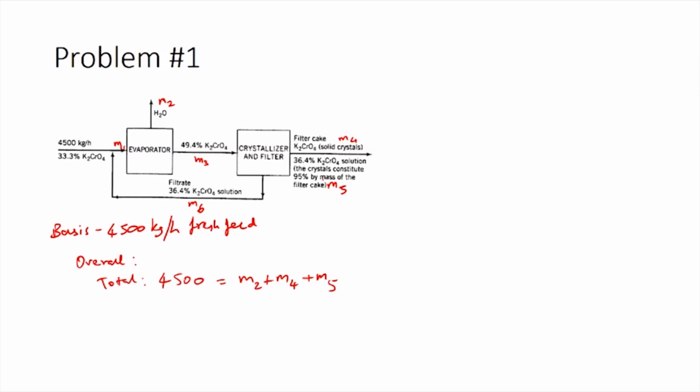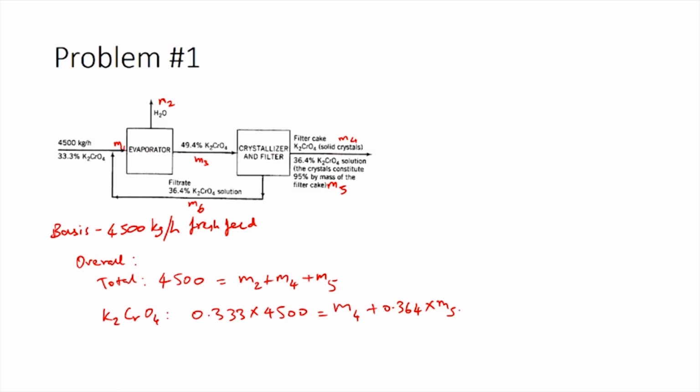We can also write the balance equation for potassium chromate. K2CrO4 balance would be, you have 0.333 times 4500 entering and you have potassium chromate leaving in the form of M4 plus 0.364 times M5. So, we now have two different equations.